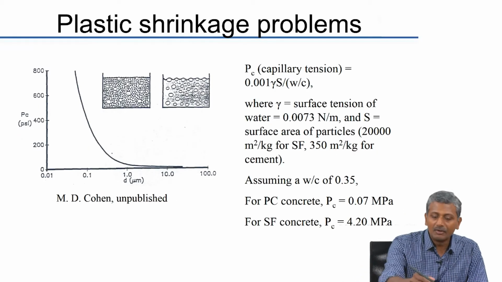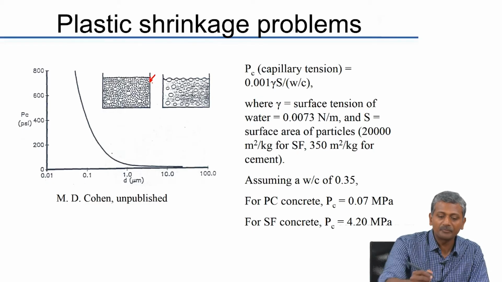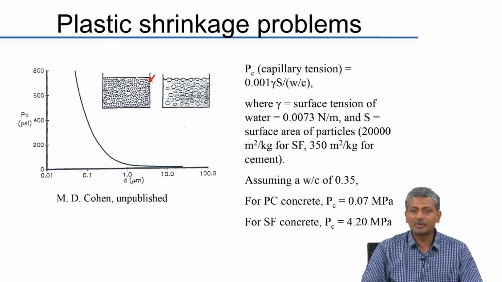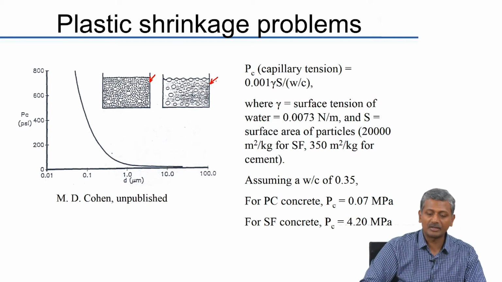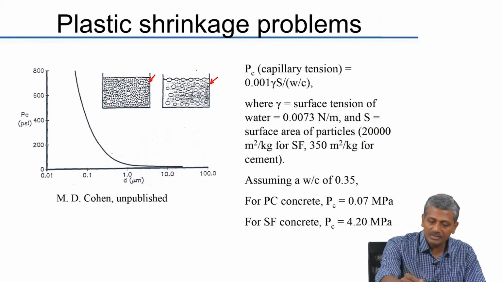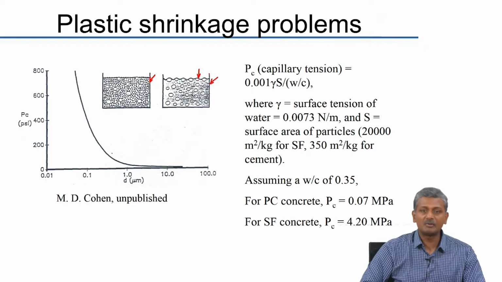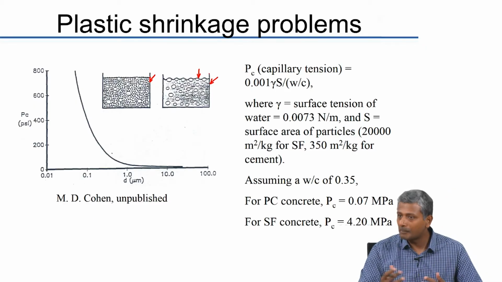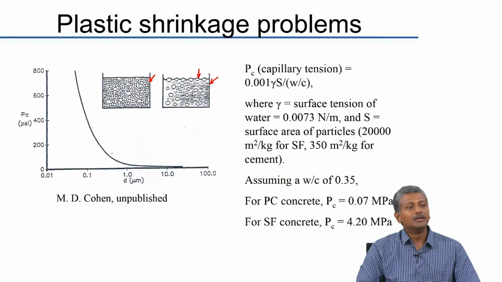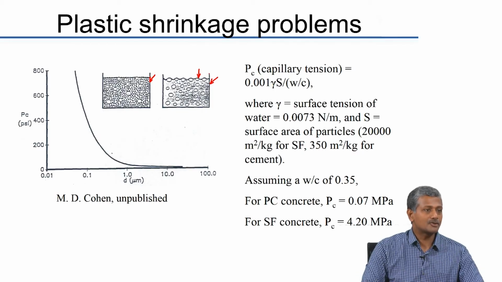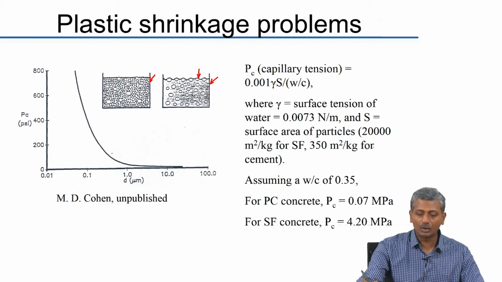So, again this is, for example, let us consider this blend here, which is a blend of cement plus silica fume, and this blend which is just cement. Okay. So, when water starts drying out between the cement particles in the case of a plain cement mix, the capillary pressure that is caused by the drying out of this water can be worked out to some extent by this capillary equation, right.